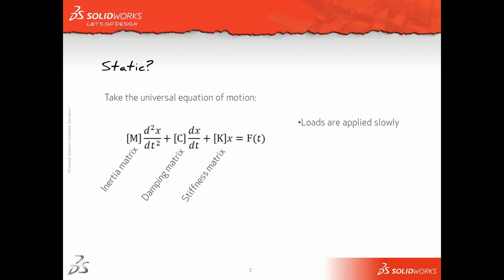We're not seeing a vibration or anything like that as a result of a sharp application of force. We're also assuming that the loads are constant, so that force term on the right-hand side isn't varying with time. This allows us to greatly simplify the equation by removing all of the time-dependent values, leaving us just with the force on the right-hand side and the stiffness matrix and the displacements on the left-hand side.